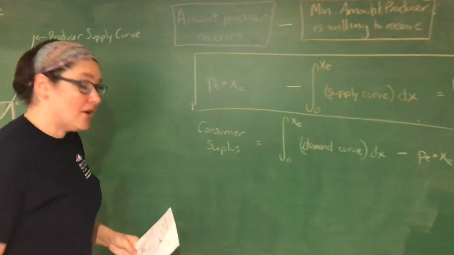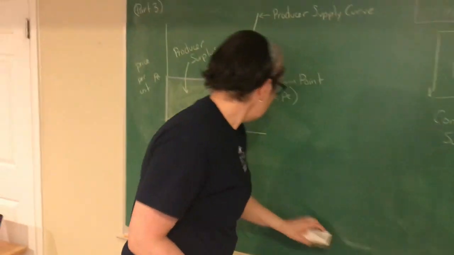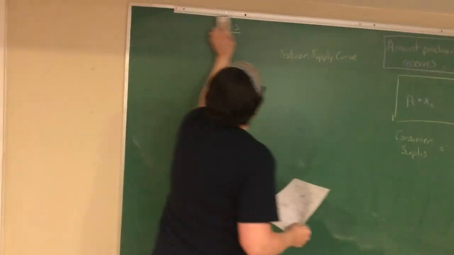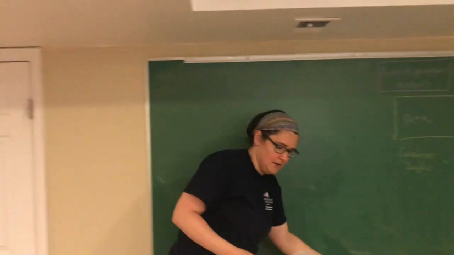Okay, so let's go back to our example of our donut shop and calculate the producer surplus for the equilibrium point in our donut shop.